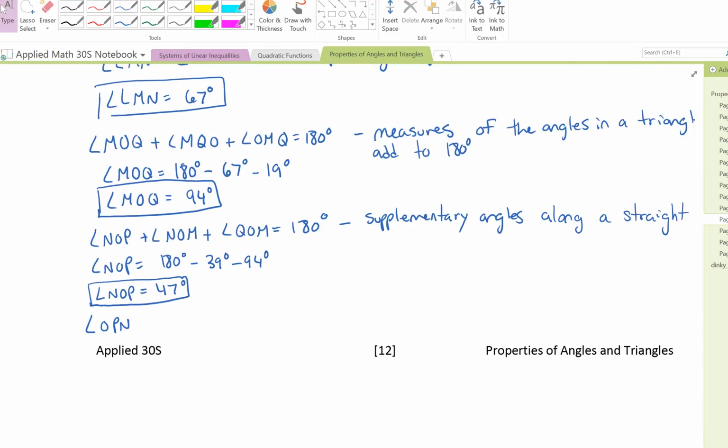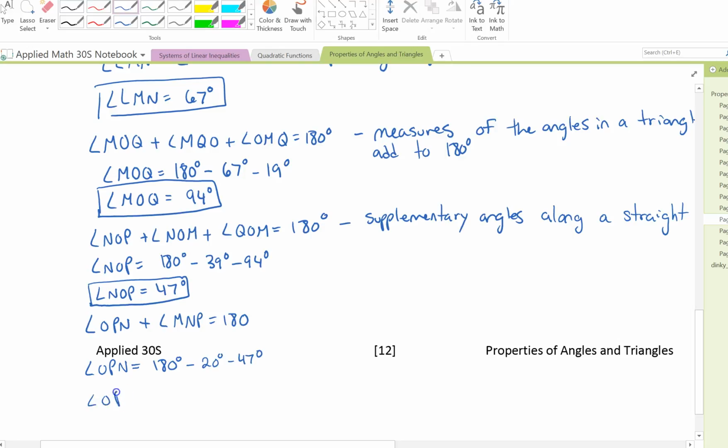So angle OPN plus angle MNP are equal to 180 degrees, and angle OPN is equal to 180 degrees minus 20 degrees minus 47 degrees, giving angle OPN equal to 113 degrees. That's because they're interior angles on the same side of the transversal, and those angles are supplementary.